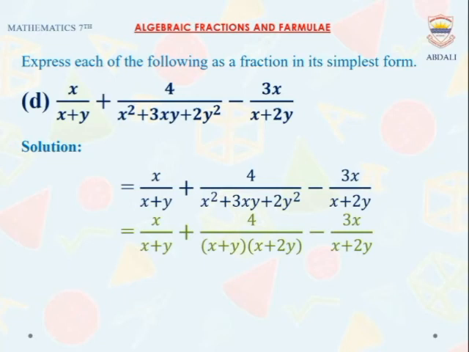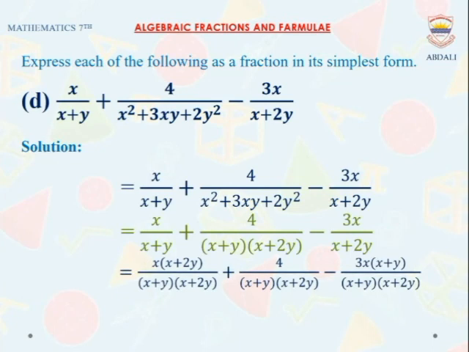So we have to make these fractions like fractions, and make sure their denominators are the same. So we will multiply the first whole fraction with x plus 2y, and we will multiply the third whole fraction with x plus y, and there is no need to multiply the second fraction, as we will make the other two fractions' denominators like this fraction. So let's do it.